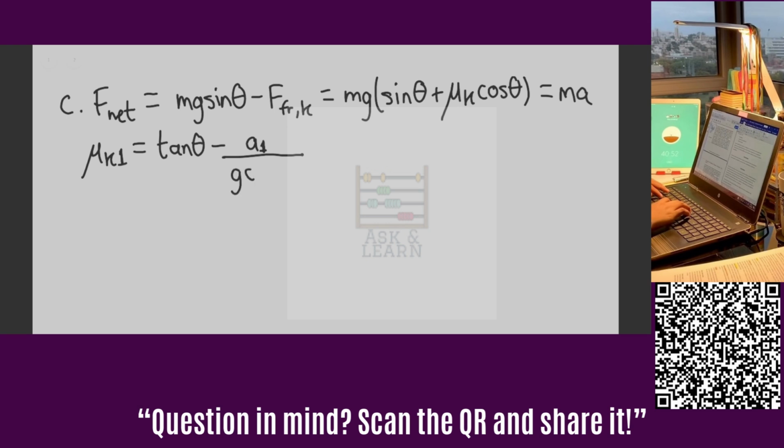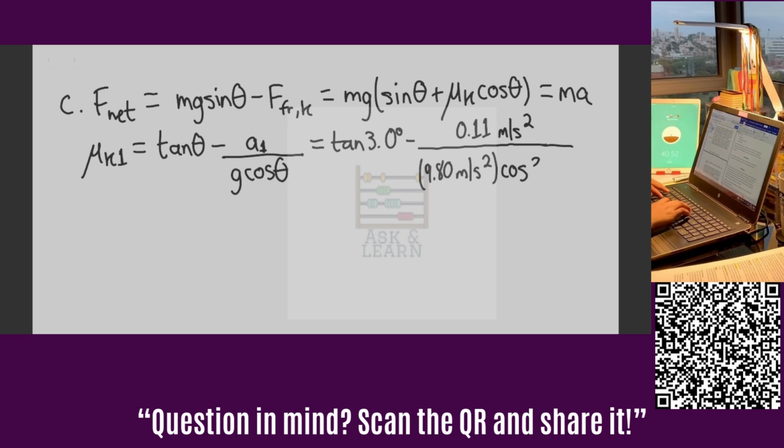So this would be equal to tangent of 3.0 degrees minus 0.11 meters per second squared divided by 9.80 meters per second squared multiplied by cosine of, again, 3.0 degrees. And we find that the coefficient of kinetic friction for the old skis would be 0.041.